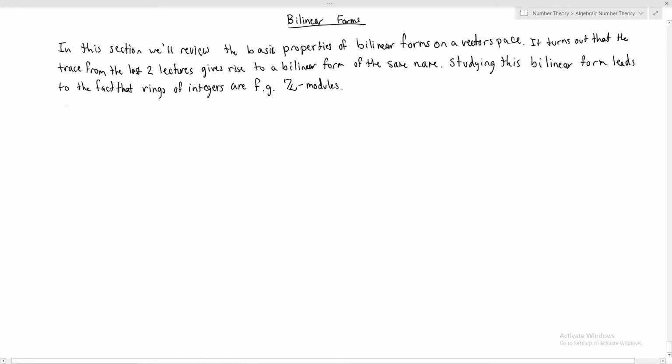Okay, so first I should tell you what a bilinear form is. Let me give you the overview of what the lecture is going to look like. First I'm just going to tell you what the definition is. Then we're going to talk about Gram matrices and discriminants.